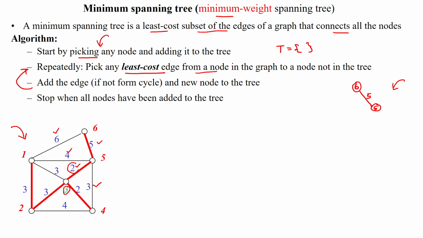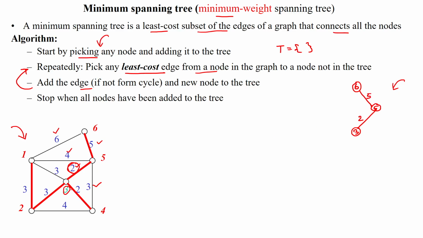Among these, 2 is the least cost. Then we can select the edge 2, which is the least cost, to node number 3. Then we add that edge into the tree, and when adding it, it should not form a cycle.